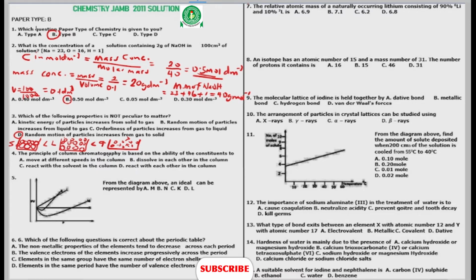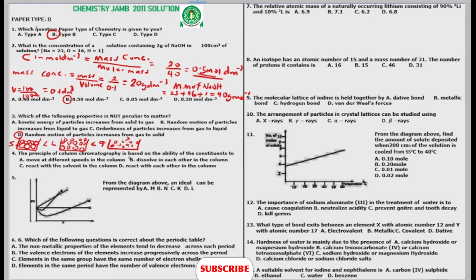Now look at this very well. The principle of chromatography. Chromatography is used to separate different particles in a mixture by use of their solubility. But in chromatography, we use the rate at which individual particles in a mixture travel along the column to separate them. So the speed of travel of each constituent in a mixture is used to separate them.